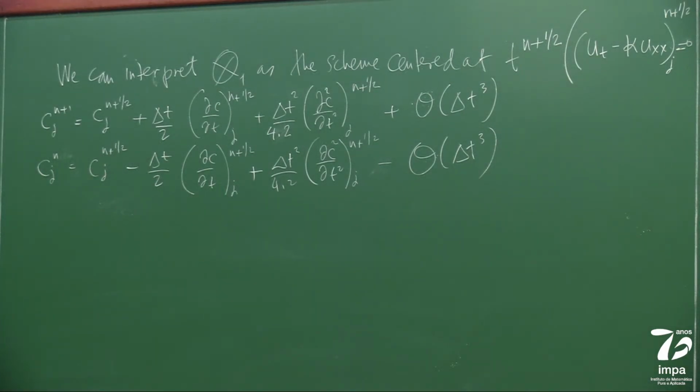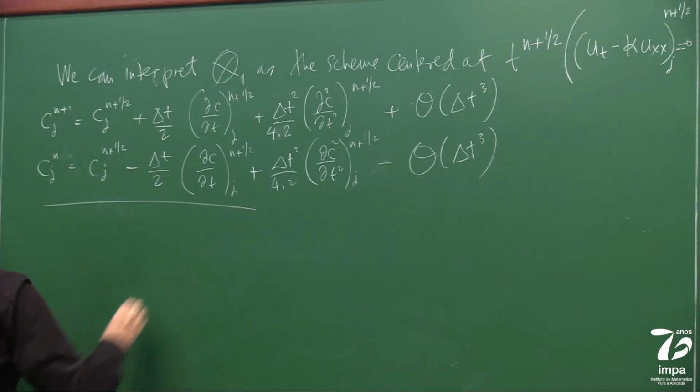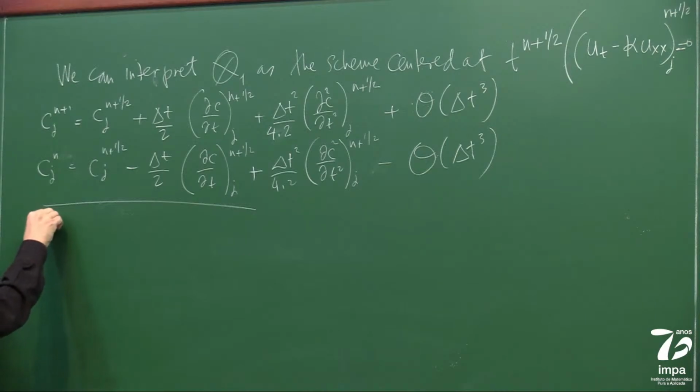Right, okay. So the 4 came out because it's delta t over 2. Okay. So now I can write from here, I can write this.